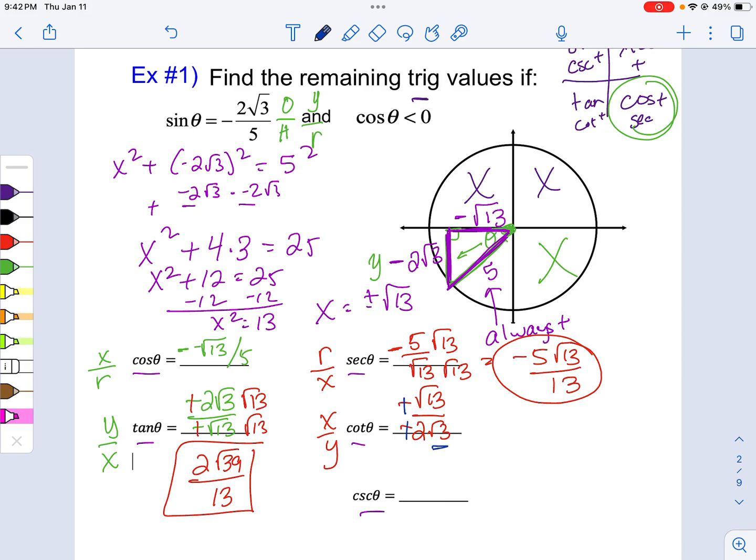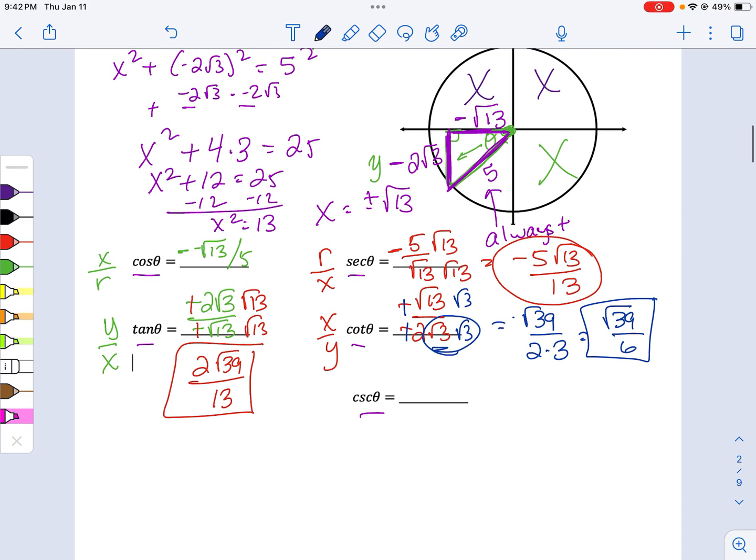Now I've got a root 3 down in the bottom, so I've got to rationalize it by doing root 3 on top and bottom. So that gives me root 39 up top. Now be careful down on the bottom. That gives me 2 times, and then root 3 times root 3 is 3. So that's really just root 39 over 6. And there is my value for cotangent.